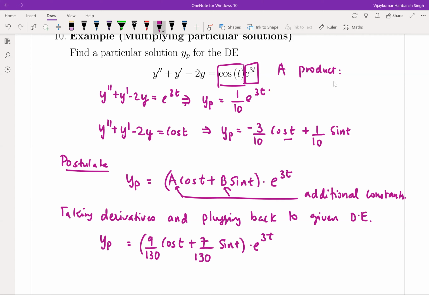Right? You can work this calculation out. It will give you a relation between a and b if you take this yp and plug it in this differential equation. So now the question is, how do we postulate what solution it should have?